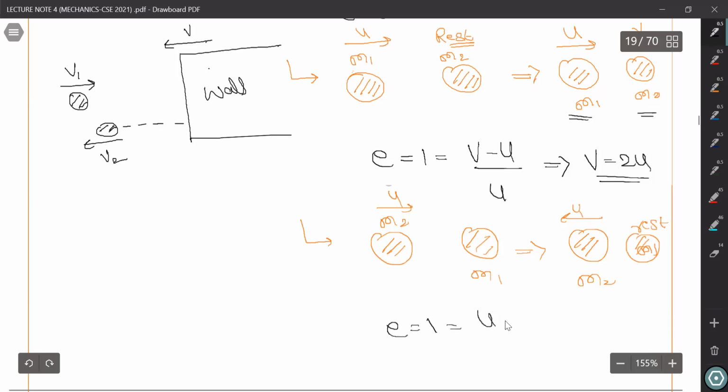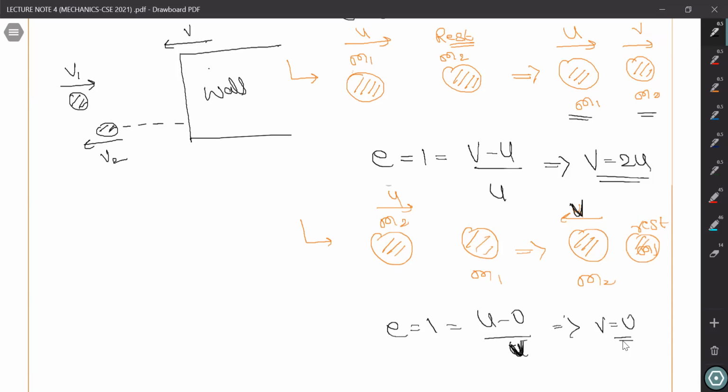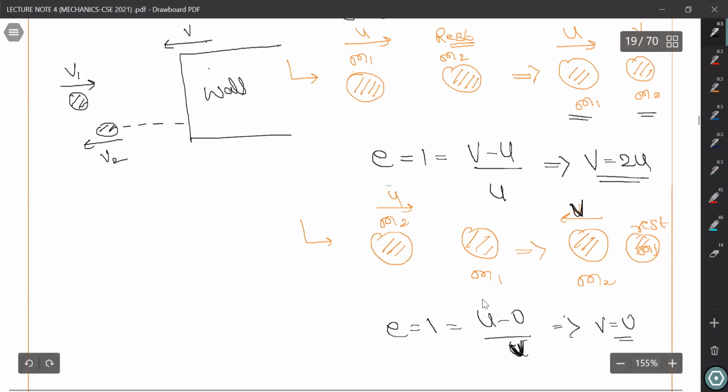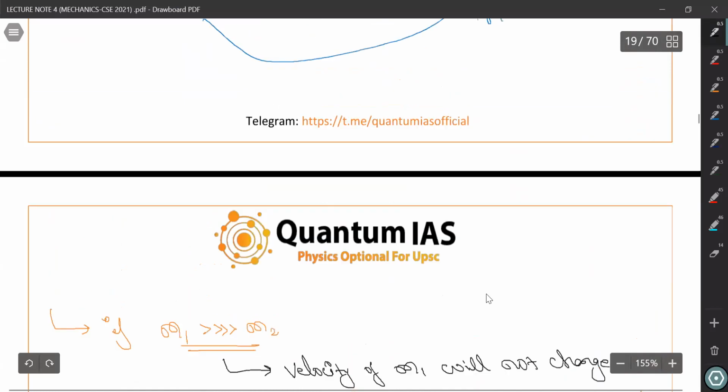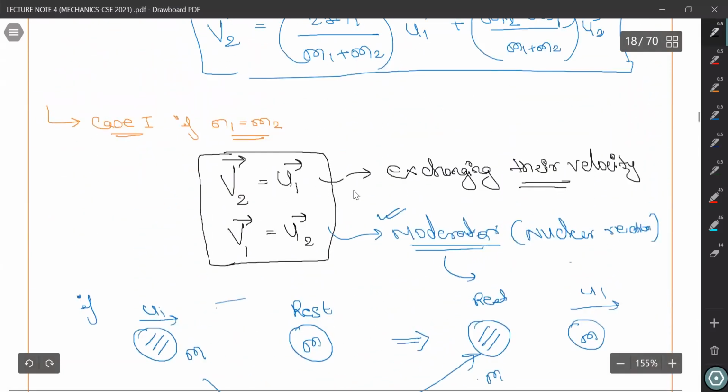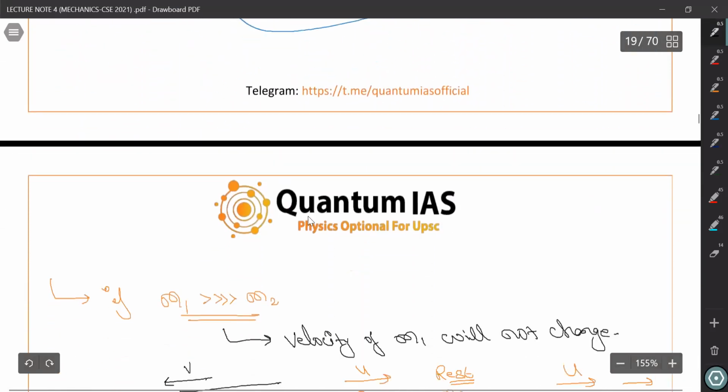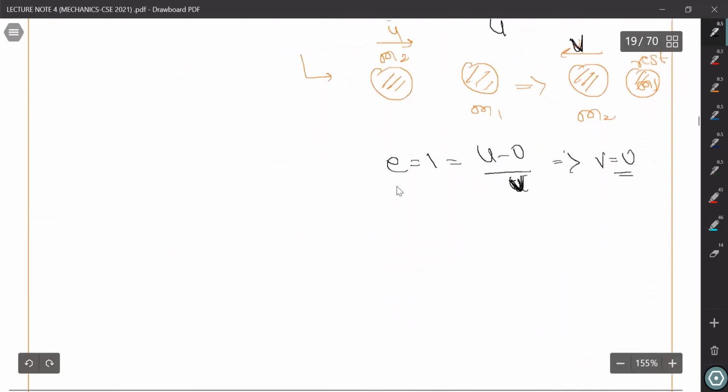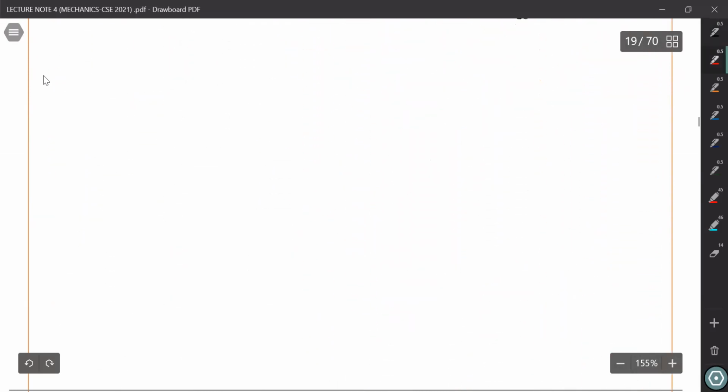What is this? u minus 0 equals v, so v equals u in terms of speed. You can easily calculate it. I suggest you can use any of the methods, you just need to put these cases here. Okay. So we have seen that they can exchange their velocity. Now let us do one question.